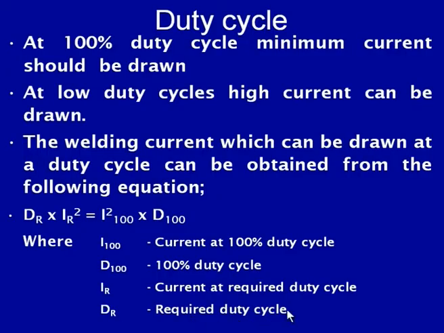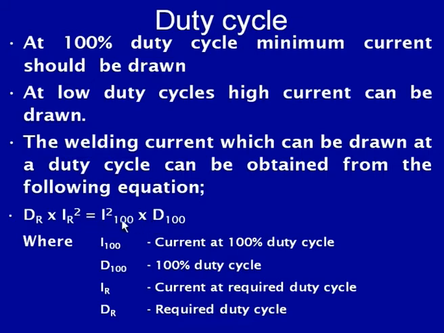So, IR is the current at the required duty cycle, and DR is the required duty cycle. Using the equation DR × IR² = I100² × D100, if we know any three of the parameters, the fourth one can be obtained.